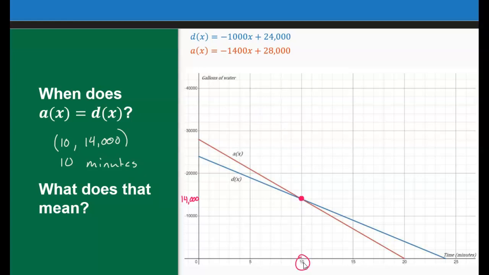Well, we know at 10 minutes, both of these functions have 14,000 gallons. So it means they have the same amount of water in each pool at 10 minutes. So that's where both pools have equal amounts of water.